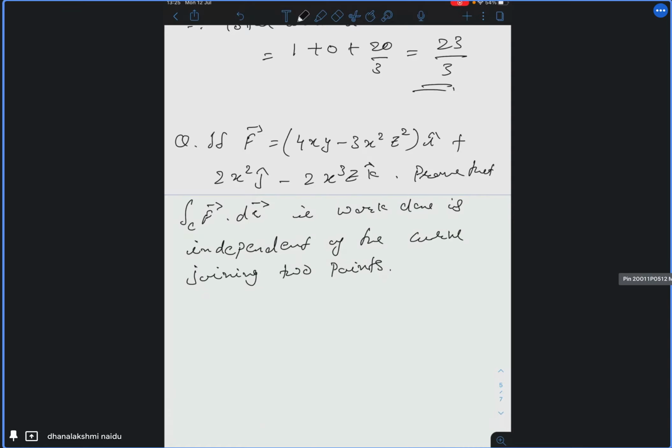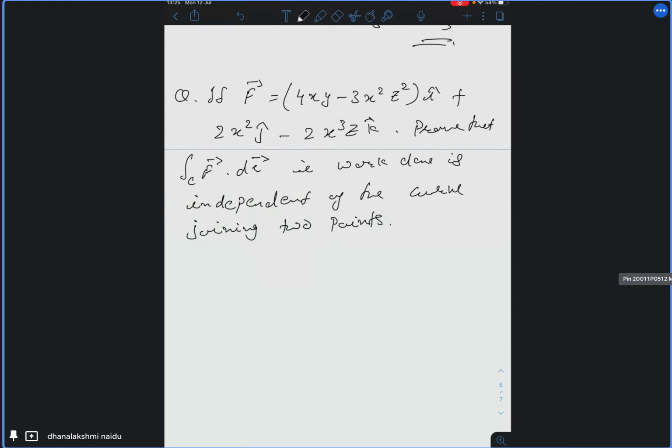Conservative means f bar will be equal to gradient of phi. So you need to prove that f bar is equal to del phi, or curl of f bar is equal to 0 bar. If this happens, then we can say that the work done is independent of the path.